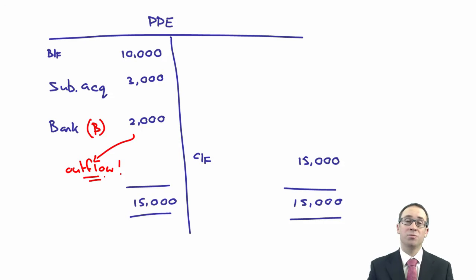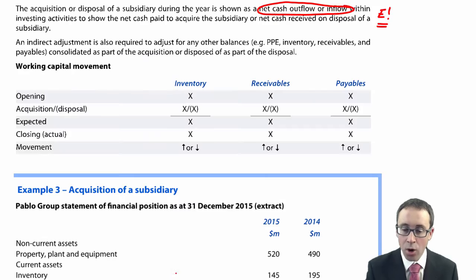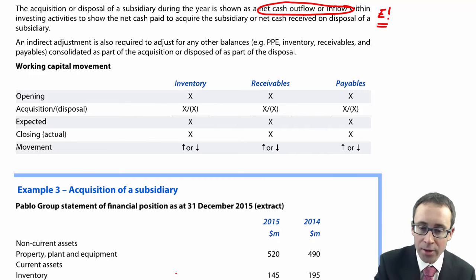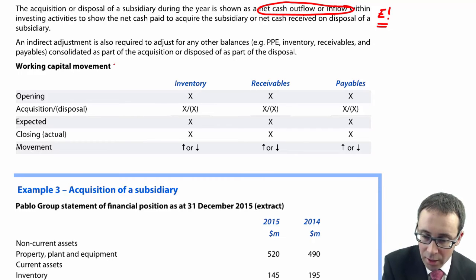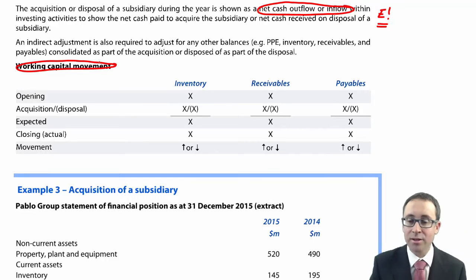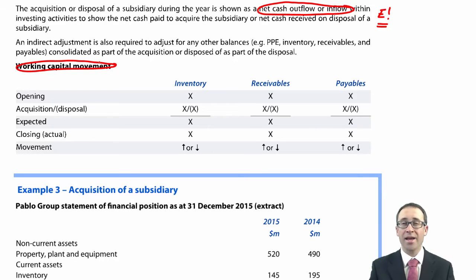So when you're looking at things such as PPE and tax payables, I prefer to go through and draw up T accounts. Okay. Just to get you into standard working mode, when you're looking at your working capital balances, so inventory, receivables and payables.